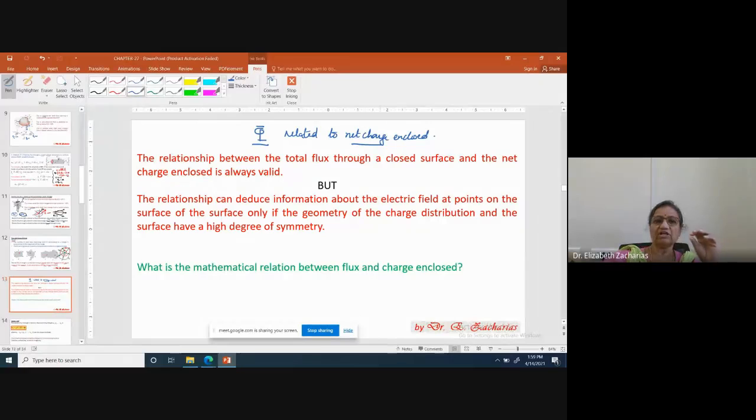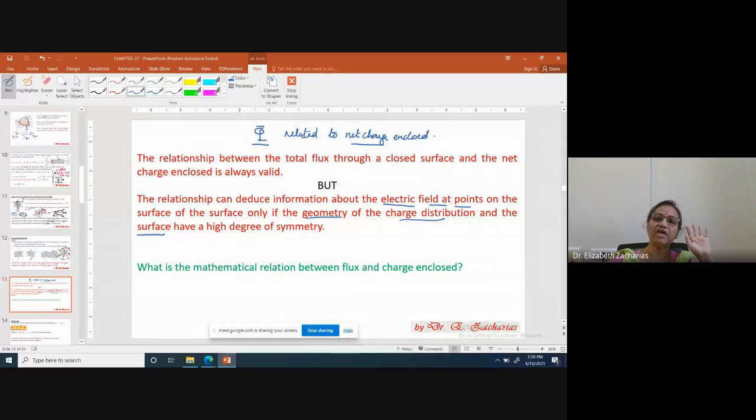This mathematical relationship will hold good for any shape or size of the closed surface. But you can put this relationship to use and evaluate the electric field at a point only if the geometry of the charge distribution, the surface, and the field match.